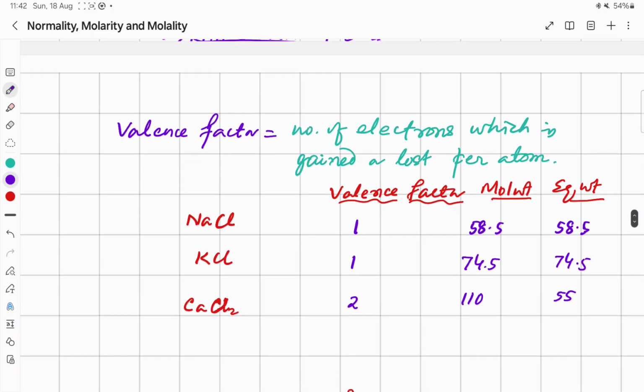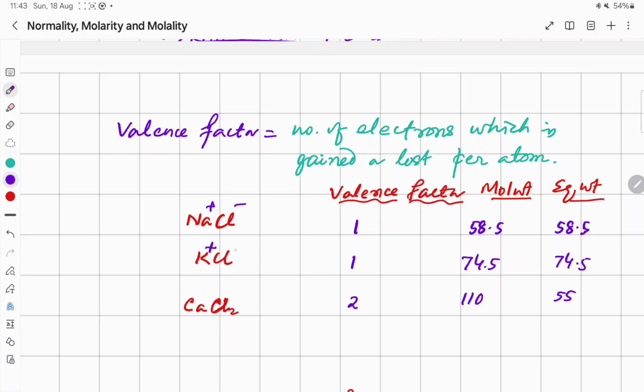Again, we also use valence factor for calculating for salts. The valence factor is the number of electrons which is gained or lost per atom. So for example, sodium chloride, Na plus Cl minus, 1 electron sodium is losing and chloride is gaining.